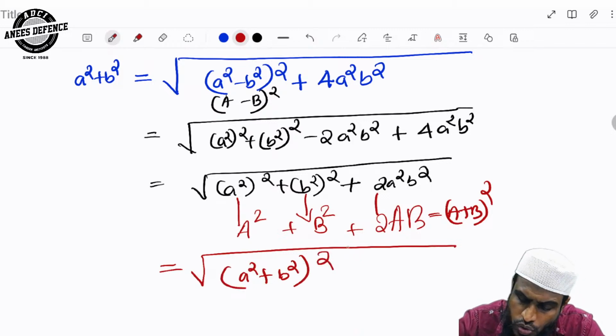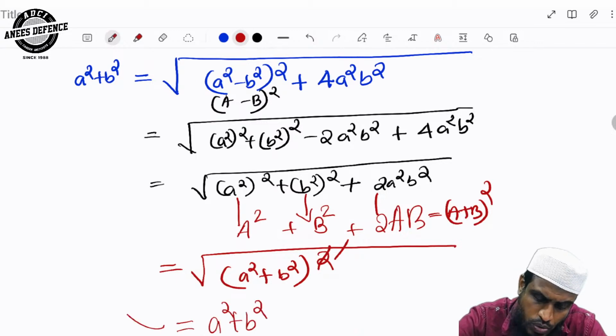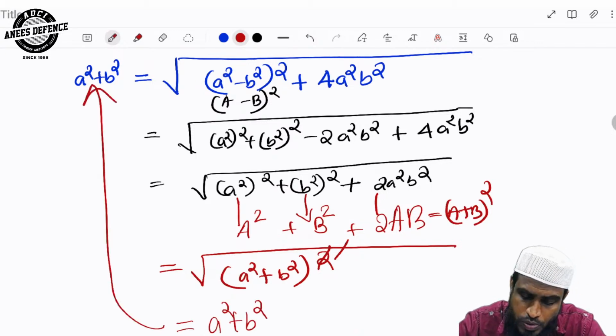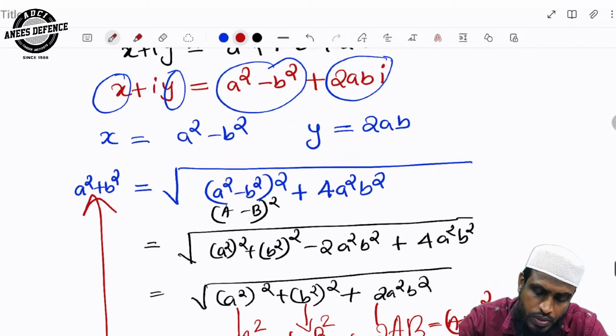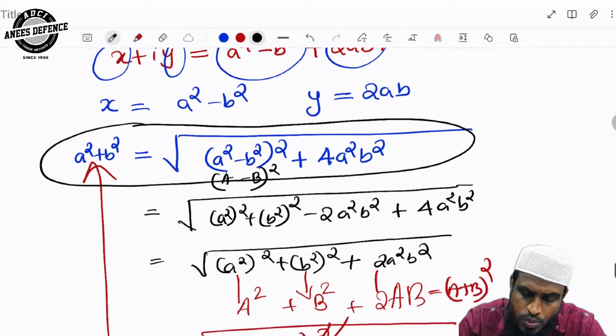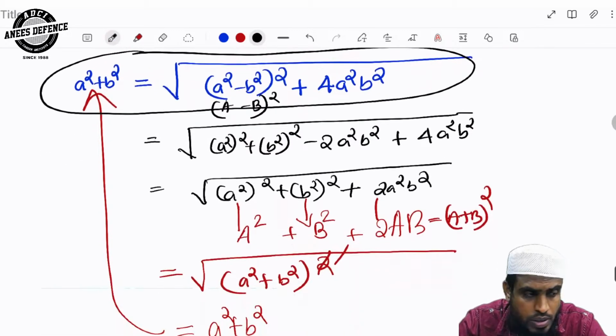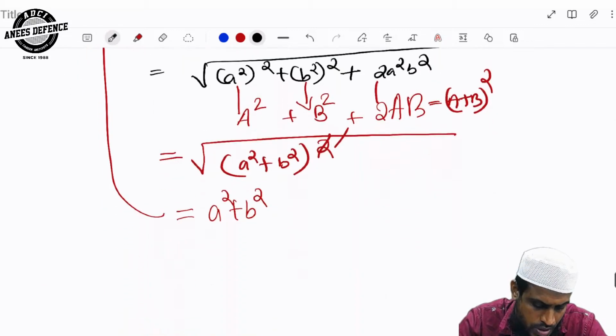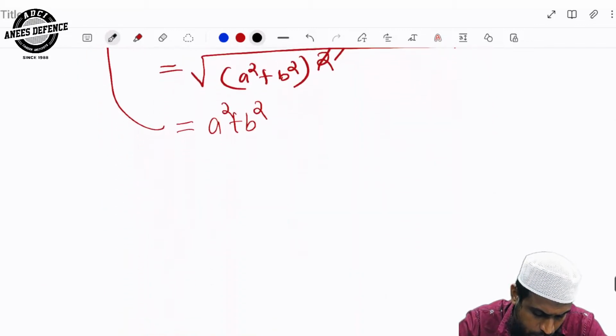So here the square and under root get cancelled. So you will be getting a square plus b square, which is already equal to a square plus b square. So this is a valid one. This can be utilized for calculating the square root of the complex number. Now we will do one example here.